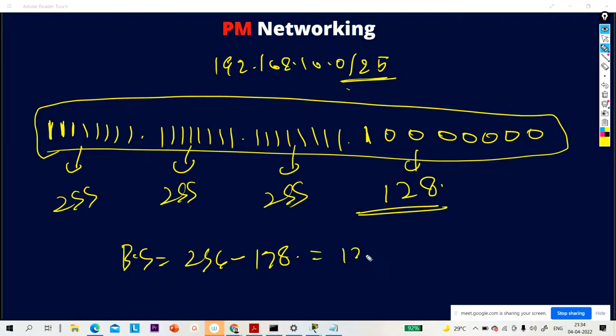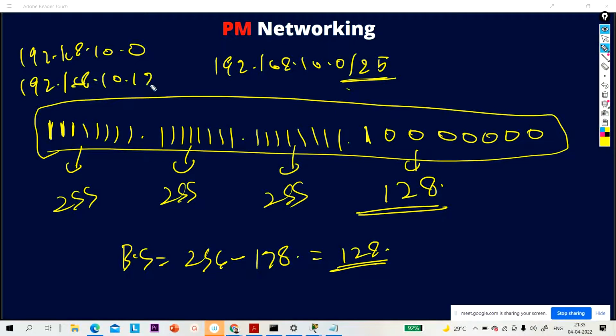You will get 128 over here. So your first network will be 192.168.10.0, and your second network will be 192.168.10.128. Got it?